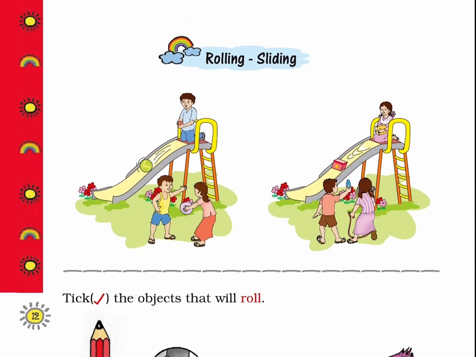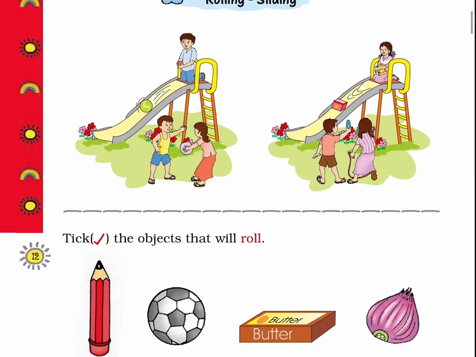On slide 2, a girl is sitting on the top and a small box is sliding on the slide. Another girl and a boy are standing near the slide. Picture 2 shows 4 objects: a pencil, a football, a butter box, and an onion.